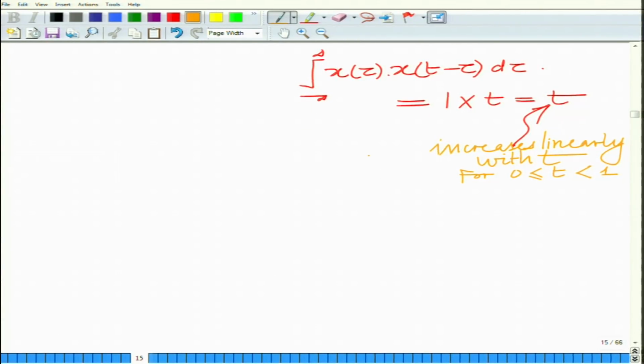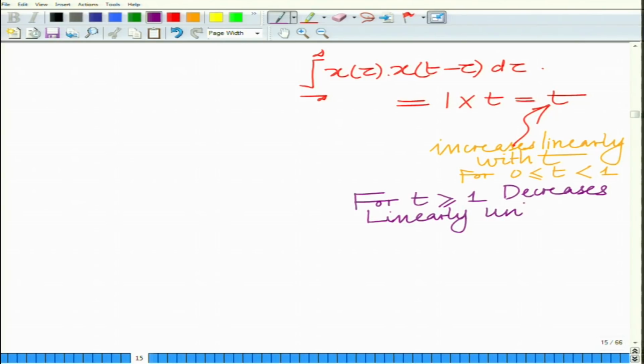You can see, for t greater than or equal to 1, it again decreases linearly because the overlap progressively decreases until it reaches 0.